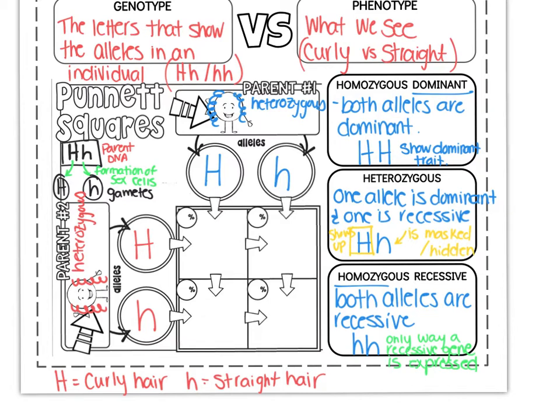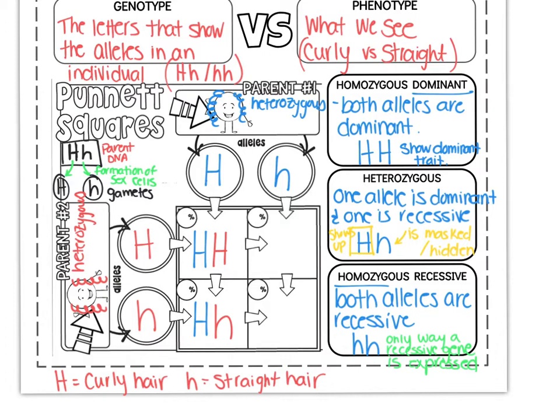So the way we represent this is that parent 1 is going to donate this big H. When parent 2's sex cell joins, we have the opportunity of one big H combining with another big H to give us big H, big H. The other option is that big H will combine with a little h sex cell.